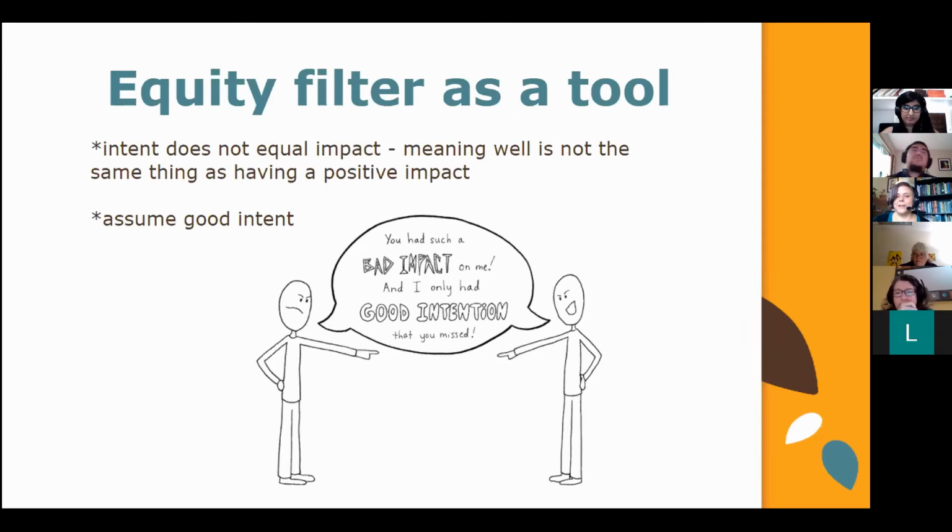So I put a little graphic in here because I think so much of conflict comes up when someone is doubting someone else's intention based on the impact it had on them. So I'd really like for everybody to kind of start from a place of assuming that the intentions were good, and that now we have to assess the impact and look at the real life implications of what those intentions did.